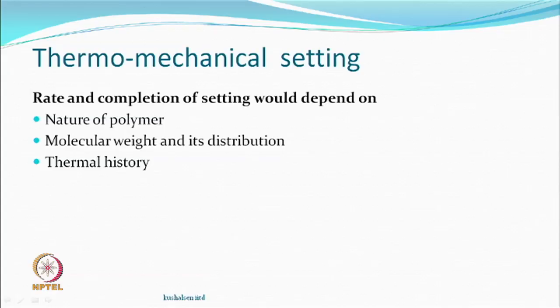So, was the temperature 30 degrees, 50 degrees, or did you actually heat set it? Fully drawn filament yarn, I have heat set. So, when you heat set, something has changed. All the polymer is the same, so the nature of the polymer is the same, the molecular weight and distribution are the same, we are using the same one, but I have given some additional thermal input also.